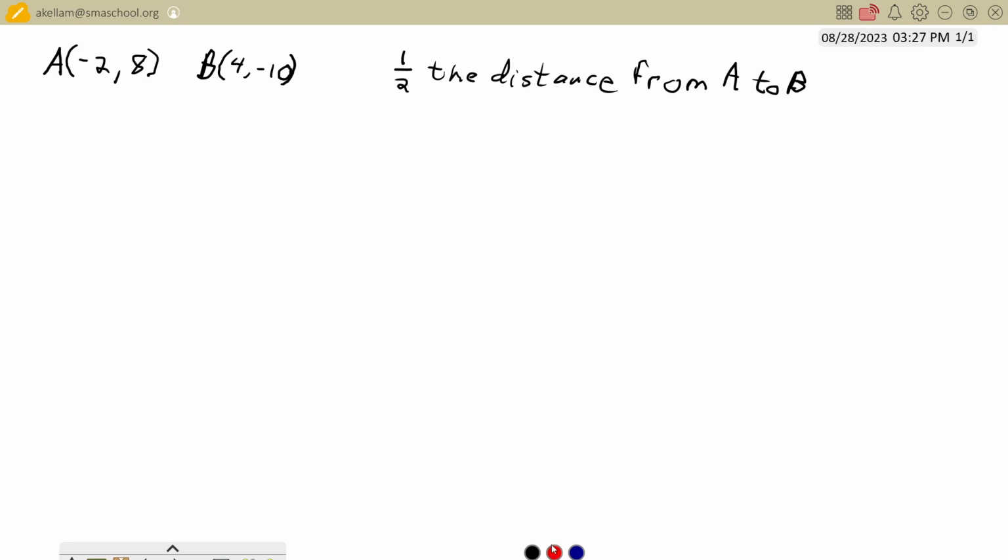So let's do that. My midpoint is the average of my x's. So that would be -2 plus 4 over 2.